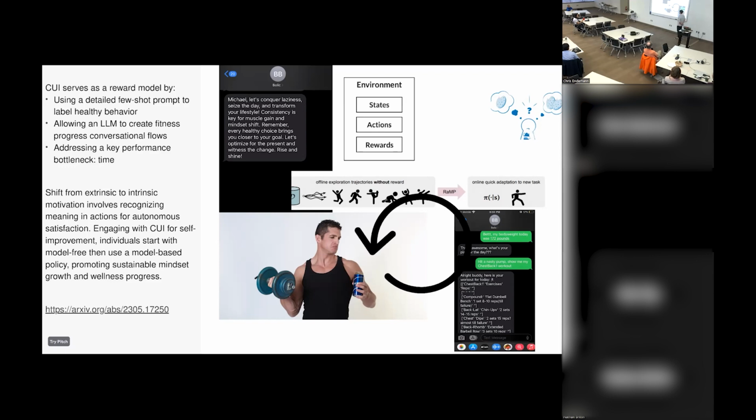That way, it's the best of both worlds in terms of promoting a sustainable mindset for growth and wellness. And part of this architecture takes inspiration from this paper over here.